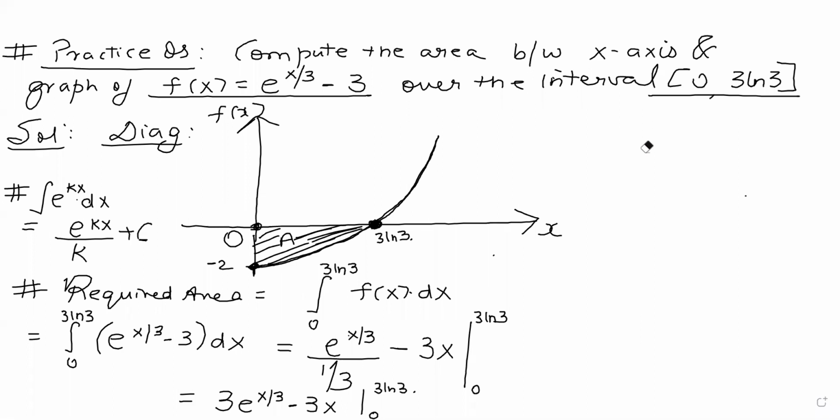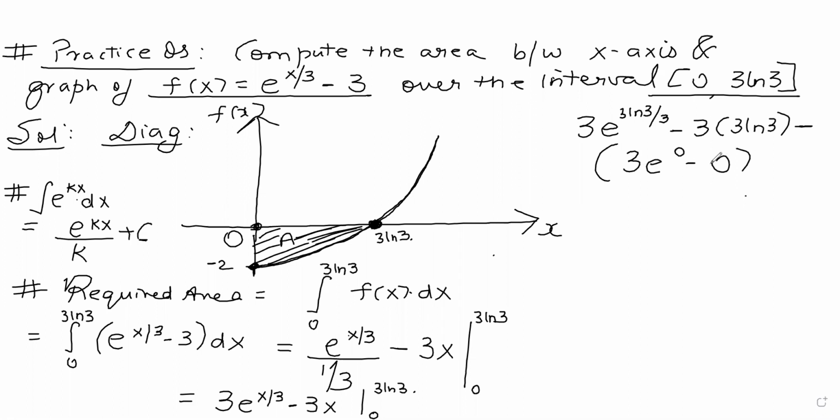We can write it as, first I put 3 e to the power 3 ln 3 divided by 3 minus 3 times 3 ln 3 minus, now I put 0. 3 e to the power 0 minus 3 into 0 is 0.